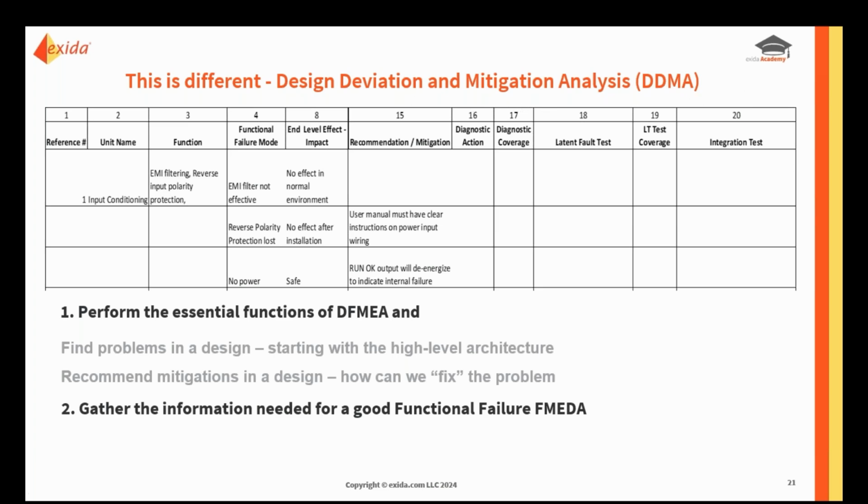It's got the data we need and not the data we don't. So it performs the functions of the DFMEA that are essential for performing an FMEDA downstream, and also gathers the information needed to do a good functional failure FMEDA.